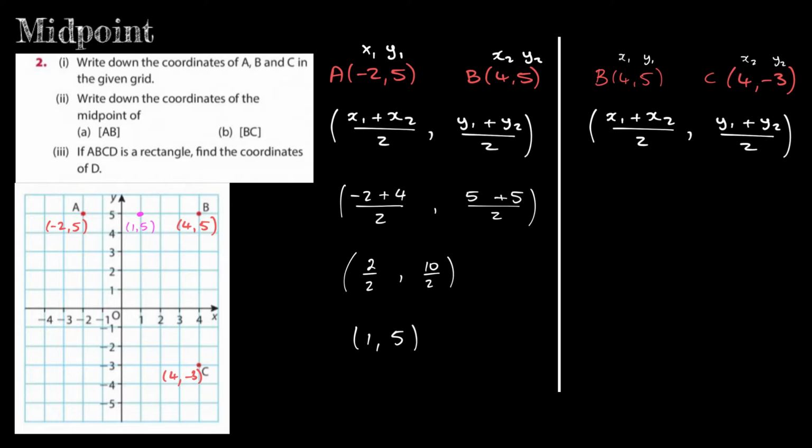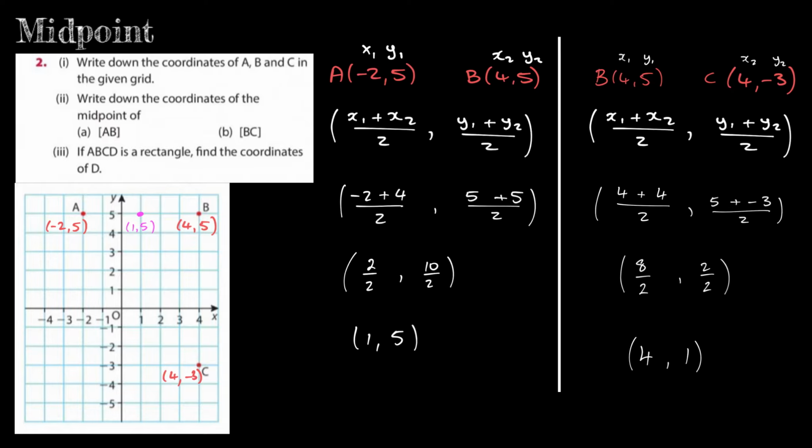So x1 is going to be equal to 4 plus x2 is going to be equal to 4, all divided by 2, comma, y1 is going to be 5 plus y2 is going to be negative 3, all over 2. So that'll give me 8 over 2, comma, 2 over 2, and that'll give me 4, 1. Like I estimated, 4, 1.